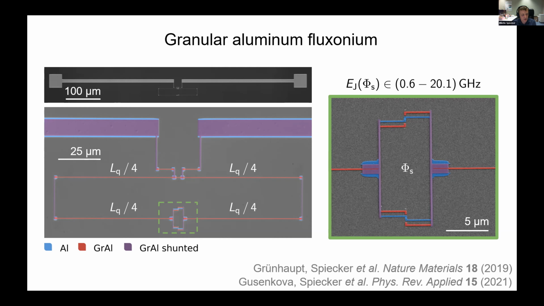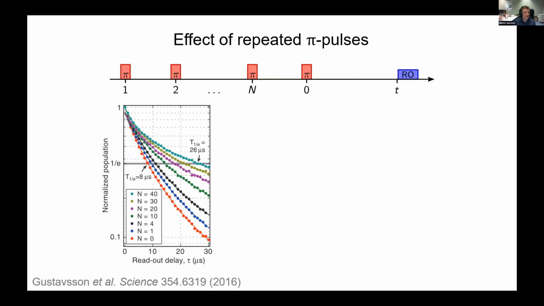Okay, so when we measured T1, we found slight deviations from an exponential function. And this reminded us of an experiment that was done at MIT by Gustavsson. Here they showed that a sequence of pi pulses separated by roughly one T1 could increase the relaxation time of the qubit. And they argue that they were able to excite the quasi-particles or remove the quasi-particle background.